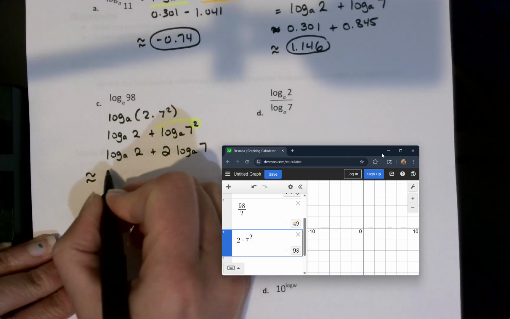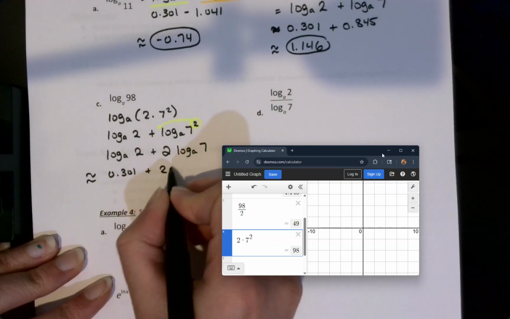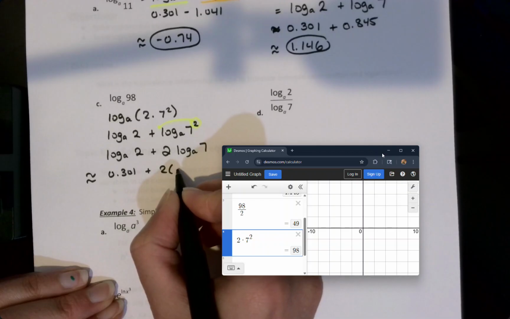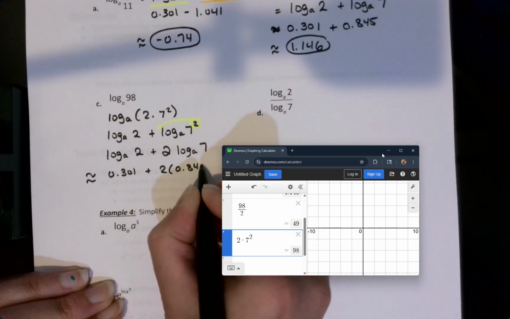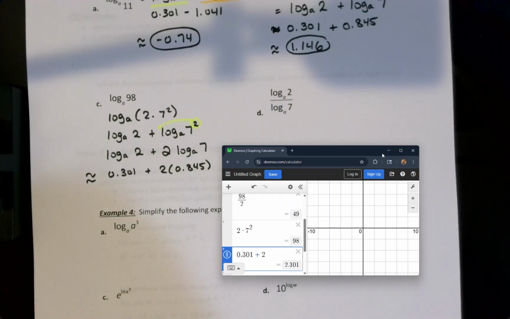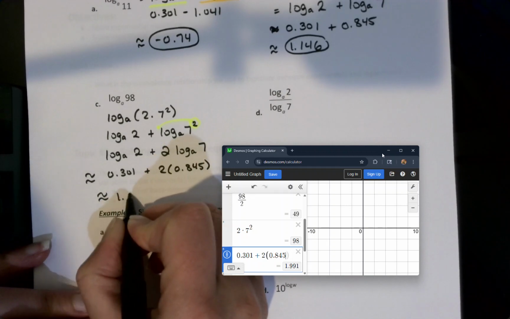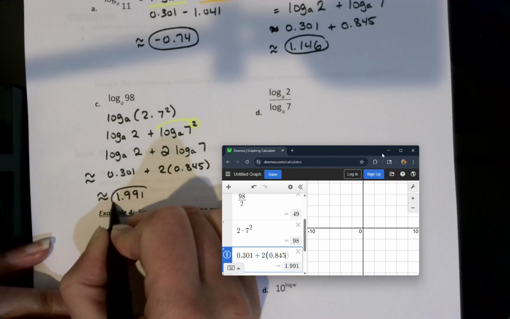Log base A of 2 is 0.301 plus 2 times log base A of 7 was the 0.845. So this value should be approximately 1.991.